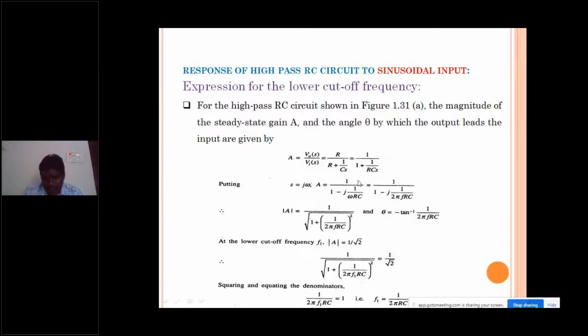If I solve this, I get the equation for the lower cutoff frequency: f1 will become 1 by 2 pi RC like the previous case. So f1 is the lower cutoff frequency of a high pass circuit, that is equal to 1 by 2 pi RC.